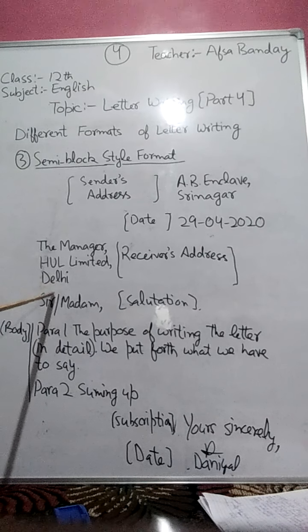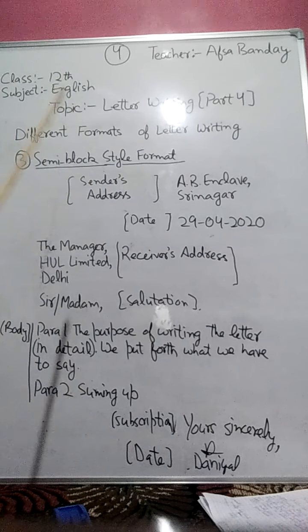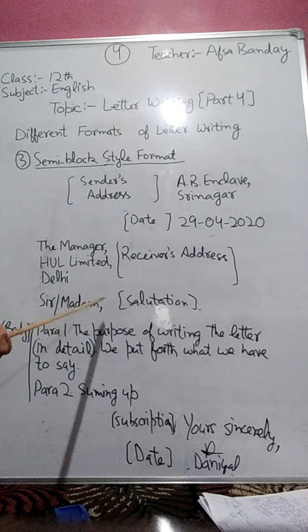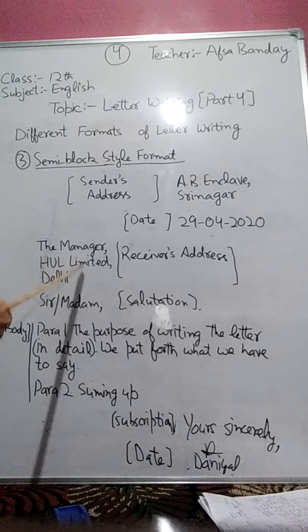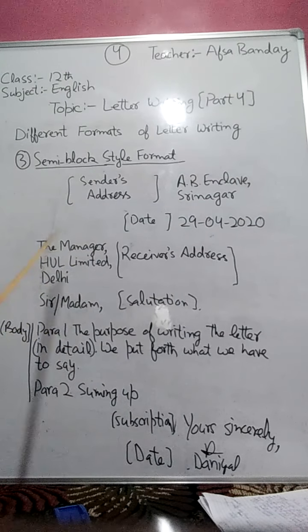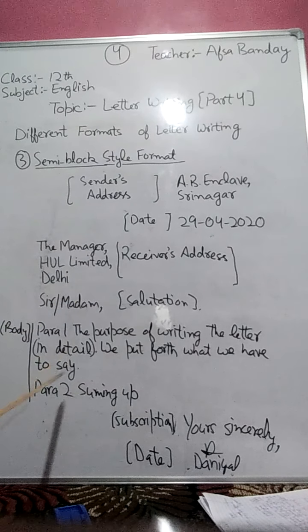With a gap of 1 line we write the salutation, and in the case of semi-block letters as well, you should write in a formal way. If you want to include a subject line, you can write it here, between the receiver's address and salutation. And if you don't want to write it, you can skip it. And then we move to the body of the letter.